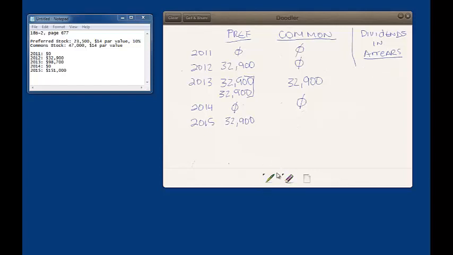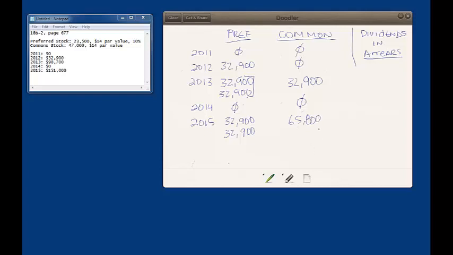Now we move to step 1, where we pay the preferred stockholders their dividends for 2015. And now we move to step 2, which we had already calculated was 65,800. Remember, we made these calculations back in scenario 1.